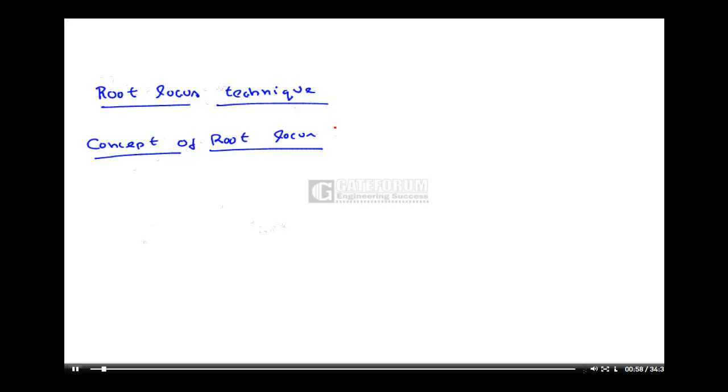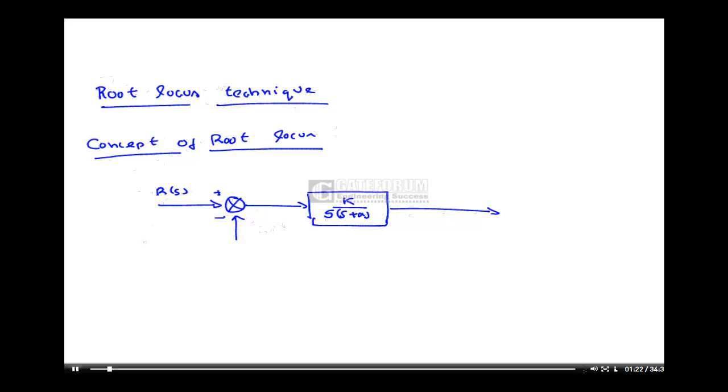Let's take a general system, where R(S) is the input, a unity negative feedback system, with the forward path K upon S into S plus A. So this is a unity negative feedback system.